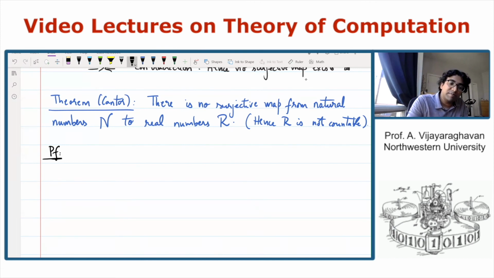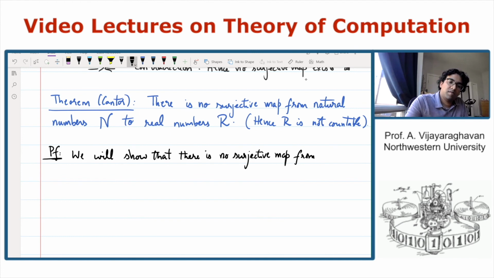In fact, we will show something even more particular: that there is no surjective map from natural numbers to just the interval 0 to 1. Remember that the interval 0 to 1 is a subset of real numbers. And the idea is by diagonalization.